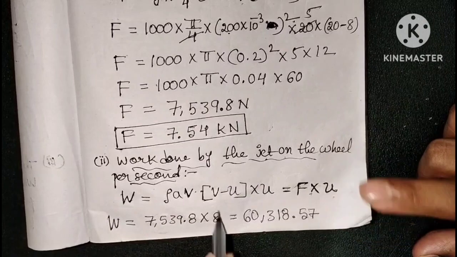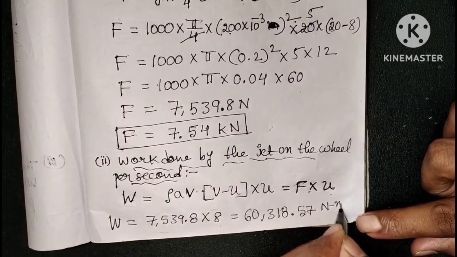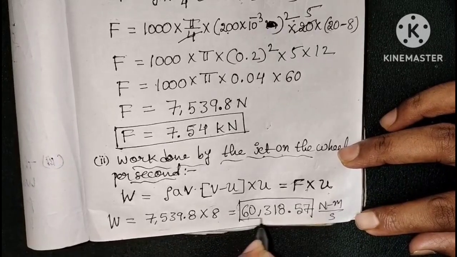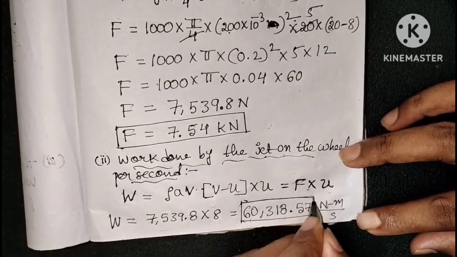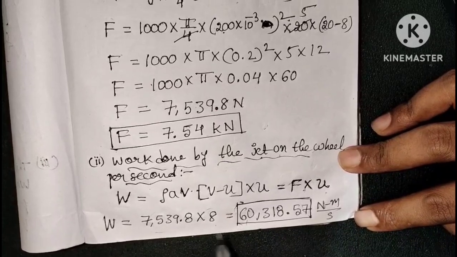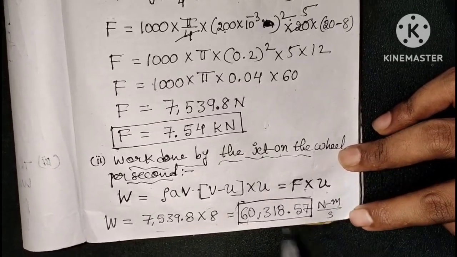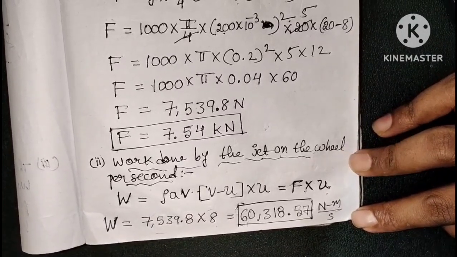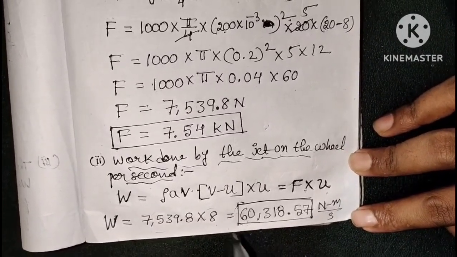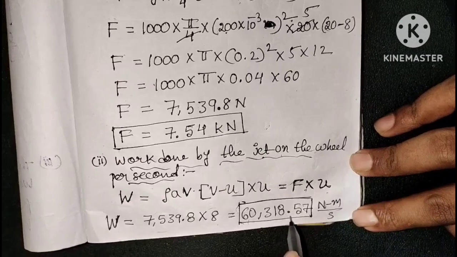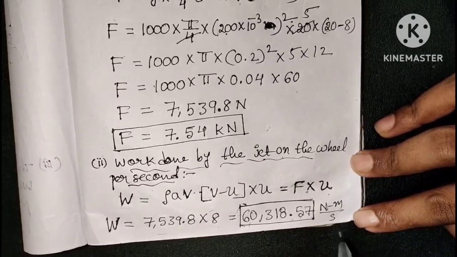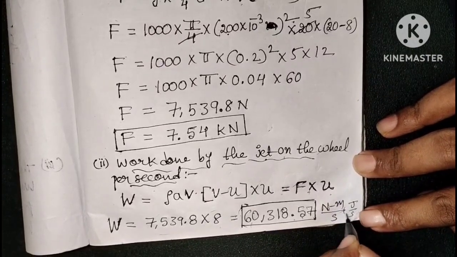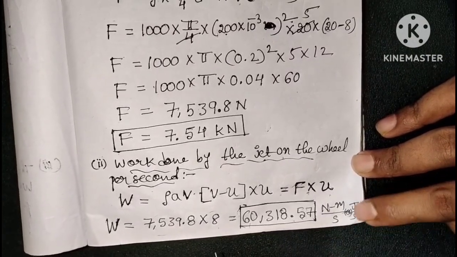The unit is force in newtons and meters per second, newton meter per second. So this much work is done by the jet on the wheel per second: 60,318.57 newton meter per second, and newton meter means joule, so joules per second.